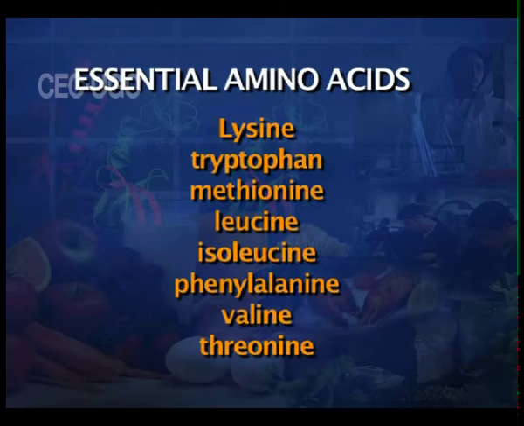A food containing a protein may be of poor biological value or poor quality if it is deficient in one or more of the 8 essential amino acids. The essential amino acids can be listed as lysine, tryptophan, methionine, leucine, isoleucine, phenylalanine, valine and threonine. In addition, arginine is essential for infants and histidine is considered essential for animals.